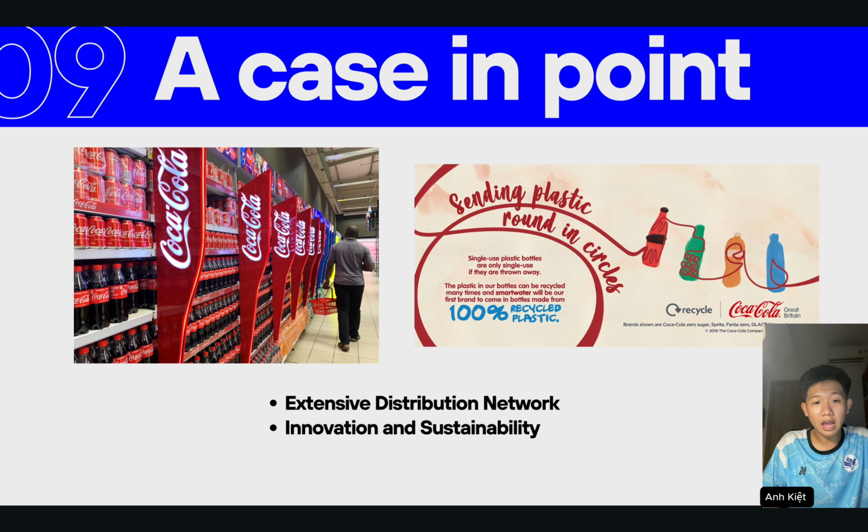Strong logistics and partnerships ensure market presence even in rural areas. And the last one is innovation and sustainability. It develops healthier options like low sugar or no sugar, and focuses on recycling, eco-friendly packaging, and water sustainability projects in rural communities.